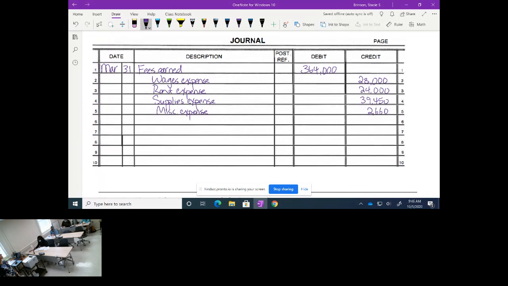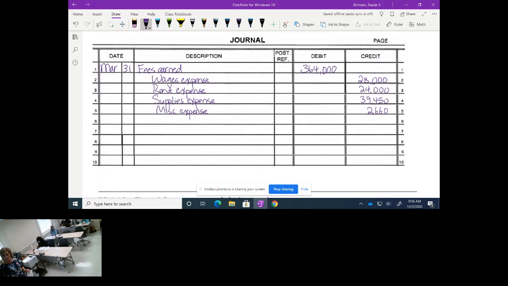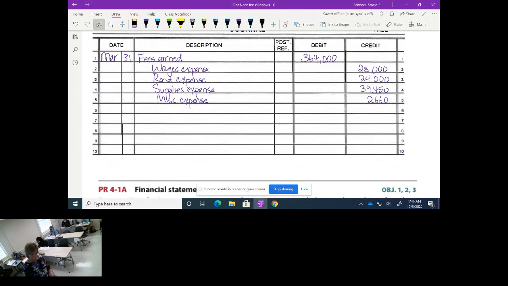Because I have a lot of students just kind of stop there when they're doing these entries. We've got to add up the expenses, subtract them from our fees earned, and then that amount goes to. So what's that going to be? The amount.